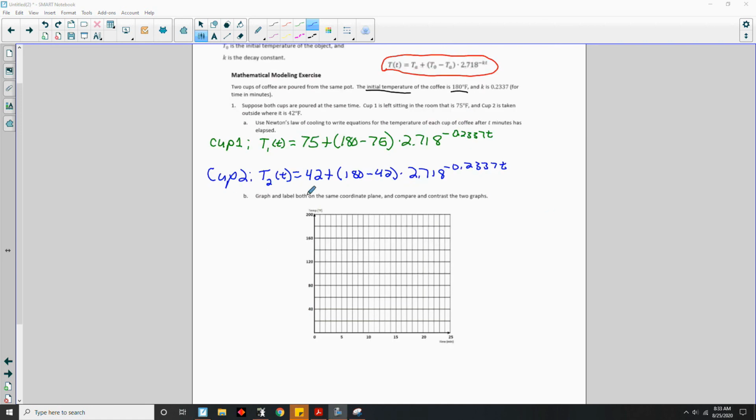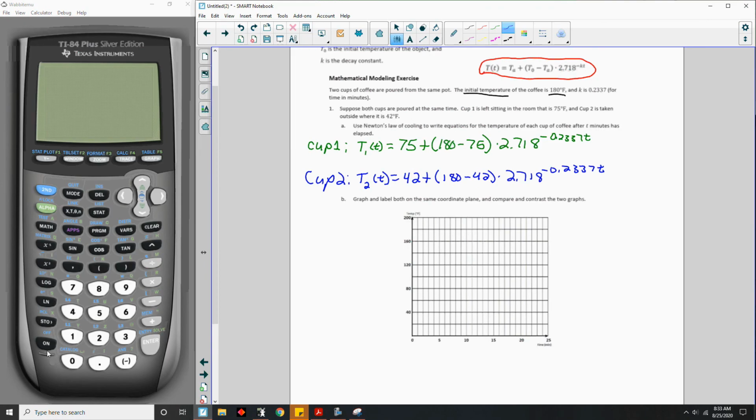Okay, now it says graph and label both on the same coordinate plane. So I'm going to turn my calculator on and clear what I had in there. I'm going to go to y equals and put T sub 1 of T in y1.